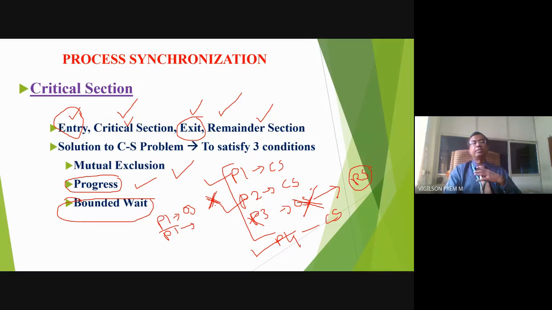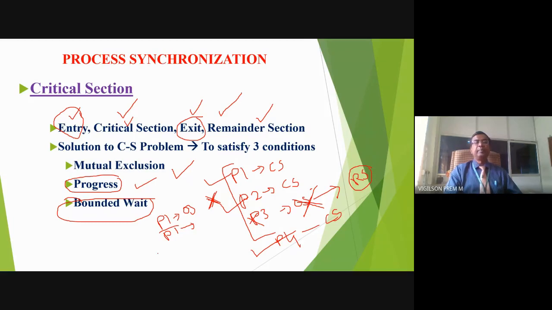What we are trying to say is, don't put any process to wait for a long time. The operating system should not allow any process to wait for unbounded time. There should not be any endless waiting.